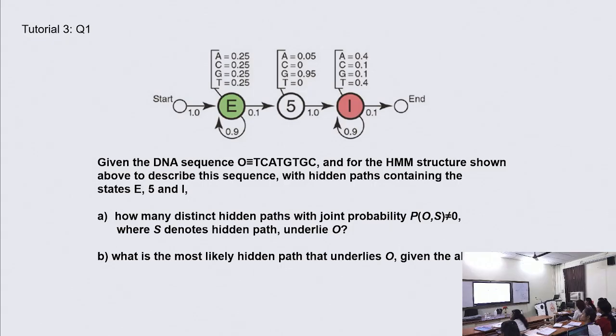So that would be 0. So how many will have non-zero probabilities? I am looking at, okay, 1. A also 5%. So 1, 2, 3. So there are 3 hidden paths with non-zero probability, and you know how to compute the joint probability of observation sequence and hidden sequence. We discussed.